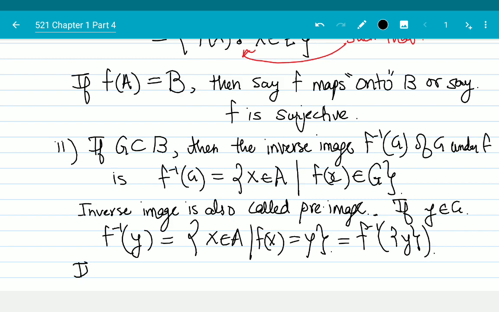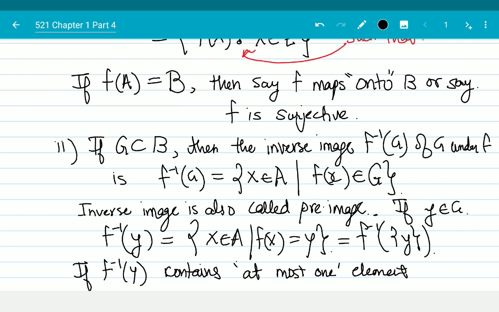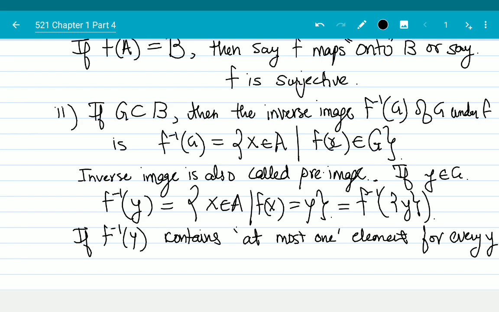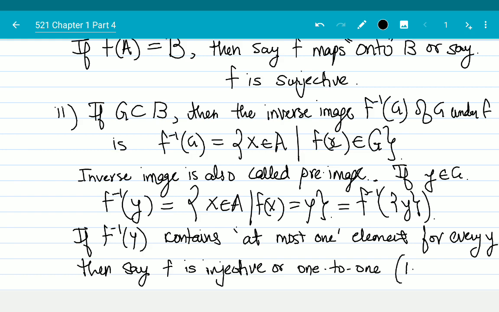Okay, if F inverse of Y contains at most one element for every Y, then we say F is injective, or 1 to 1. 1 to 1 is often denoted shorthand by 1-1.